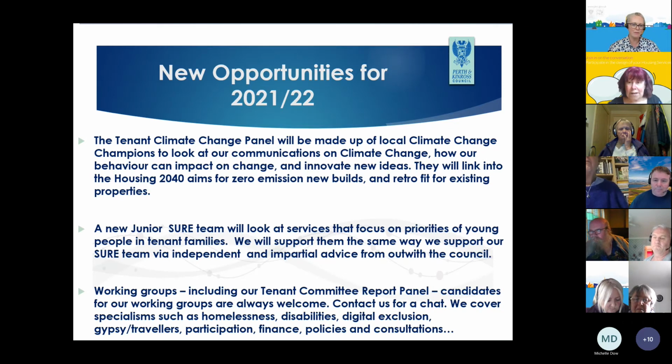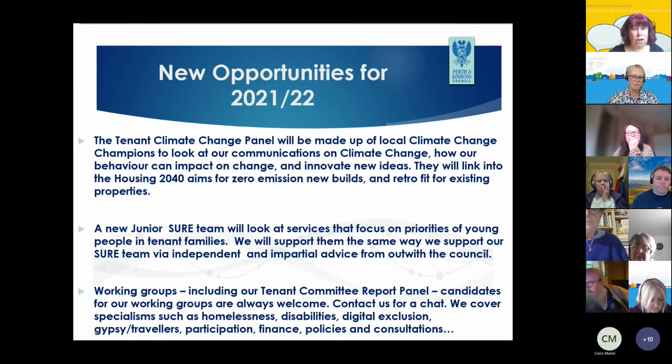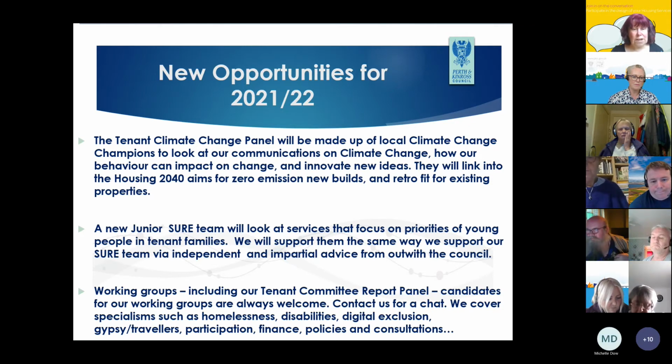And finally, a little bit on our working groups. We do still continue to have working groups that pop up. All my team here, all my lovely colleagues, have specialisms. And within those specialisms, we have working groups. And we like having people coming along and learning about what we do and then taking part in the working groups. And we'll support you.